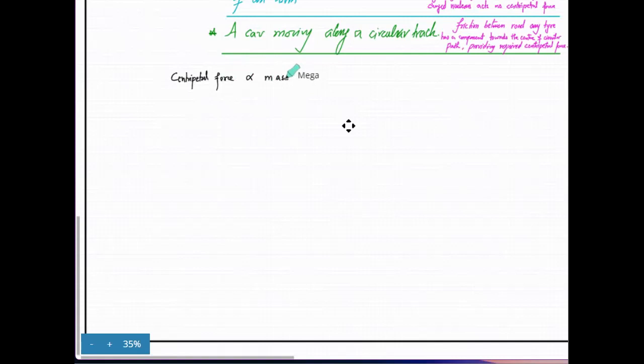And I hope you will agree with me that if there is a very heavy object and you want to make it move in a circular path, you obviously need a larger force. It is easy to turn a light object, and it requires more force to turn a heavy or massive object. More mass, more centripetal force required. Less mass, less centripetal force required.